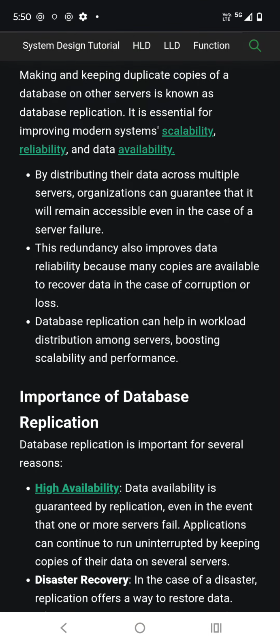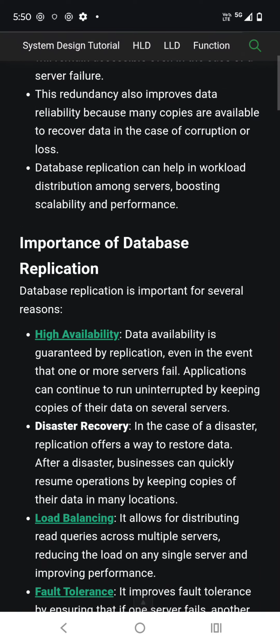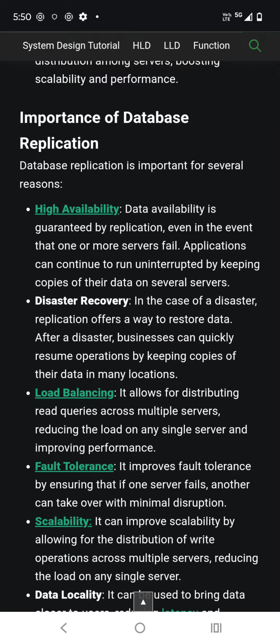So for database scalability, replicating the database is also required. Whenever you are creating a microservices architecture, you will definitely replicate it, and in case of disaster recovery also, as I told you. And if you need high availability, it is guaranteed by the replication. Sometimes you may get multiple requests, so if you are having a single one or two databases, it would be a problem.